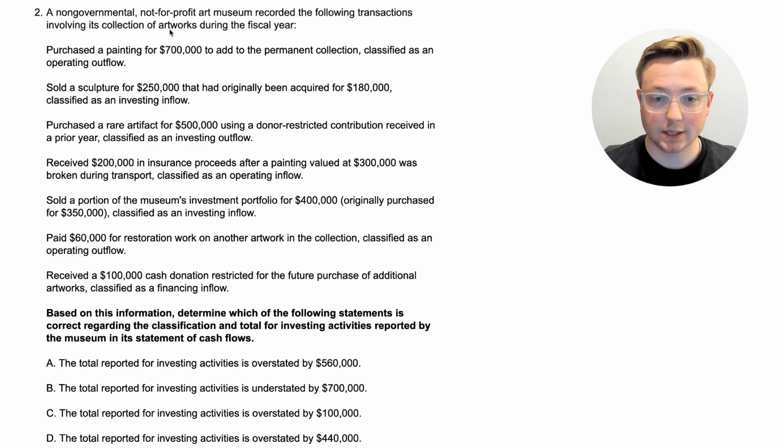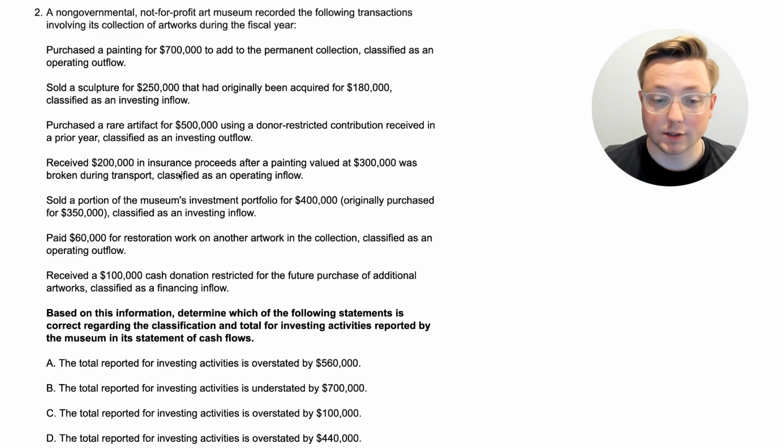They had the following transactions for its collection of artworks. They purchased a painting for $700K to add to the permanent collection, classified as an operating outflow. Sold a sculpture for $250,000 that had originally been acquired for $180,000, classified as an investing inflow. Purchased a rare artifact for $500,000 using a donor-restricted contribution received in a prior year, classified as an investing outflow.